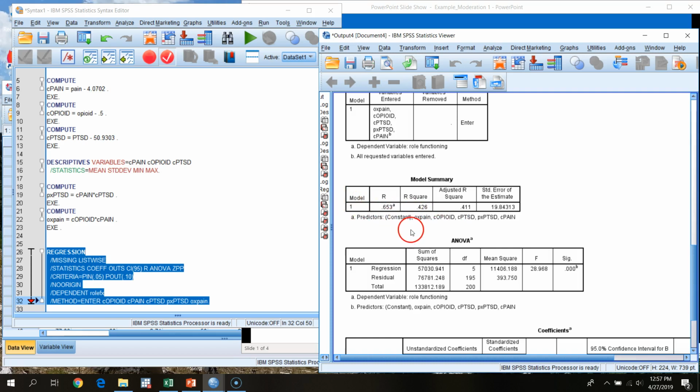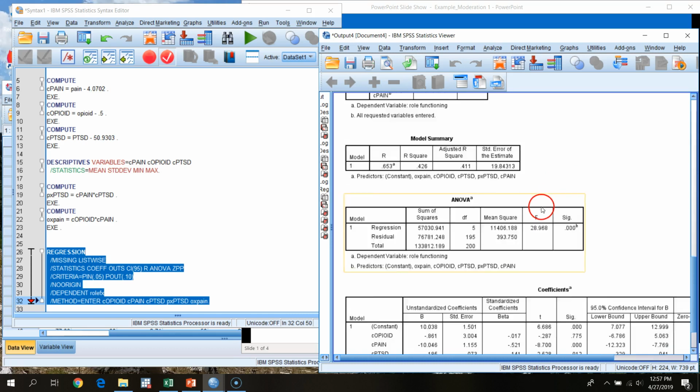It looks as though the best linear combination of pain, opiate use, and PTSD, and the interaction of pain and opiate use and pain and PTSD is accounting for 42.6% of the total variability in role functioning in these data. Here's my adjusted R squared to account for upward bias of my R squared. My ANOVA table here is telling me that my R squared value is reliably different than 0, right? Here's the F for that, my significance test.